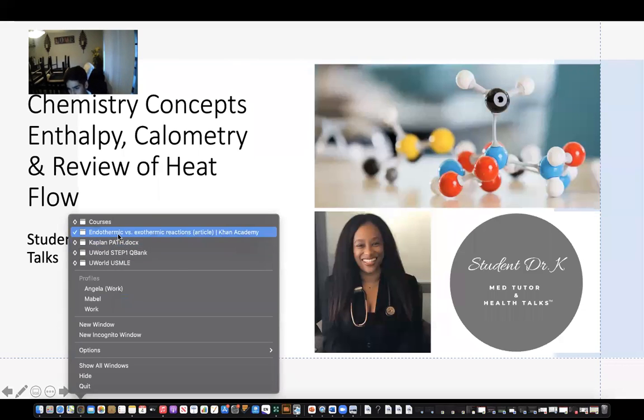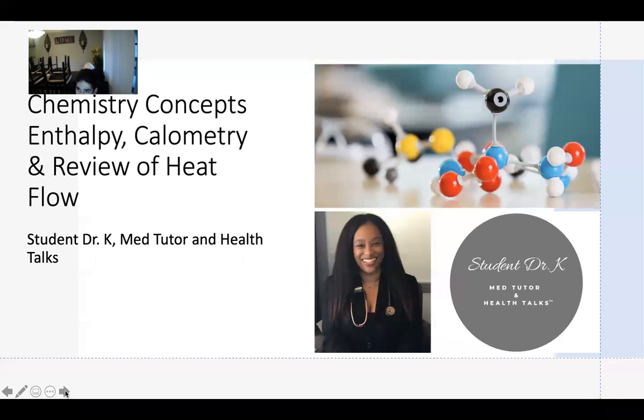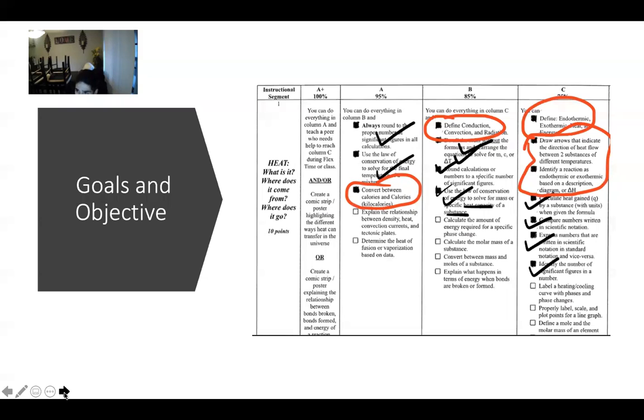You can see my slides, right? Yeah, I can see it. All right, awesome. So like I was saying earlier, we talked about pretty much everything that I have on this check mark, right? We talked about how to calculate heat gain, right?